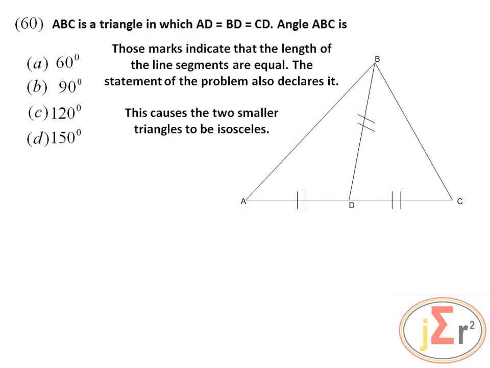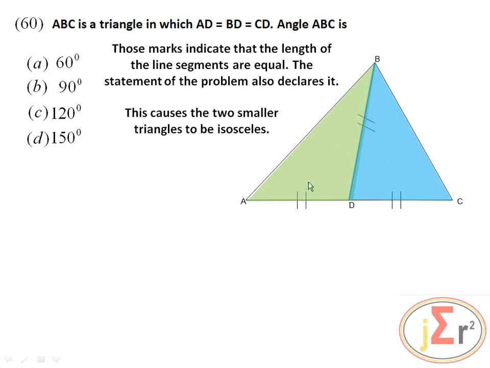This causes the two smaller triangles to be isosceles. So we have an isosceles triangle on this side and an isosceles triangle on this side, because we know that this is equal to this. These two sides are equal.